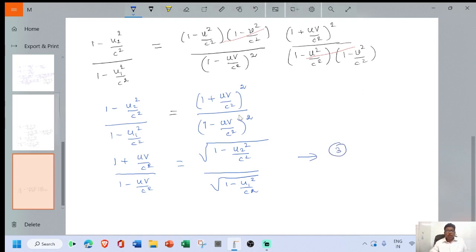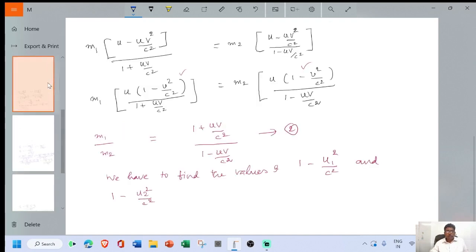Just I am taking root on both sides. If you take root, this is 1 plus uv by c square divided by 1 minus uv by c square, that is equal to root of 1 minus u2 square by c square whole divided by 1 minus u1 square by c square. Already we have had the values of m1 by m2. Check it out. The value of m1 by m2 equal to 1 plus uv by c square divided by 1 minus uv by c square. This is equation 2.